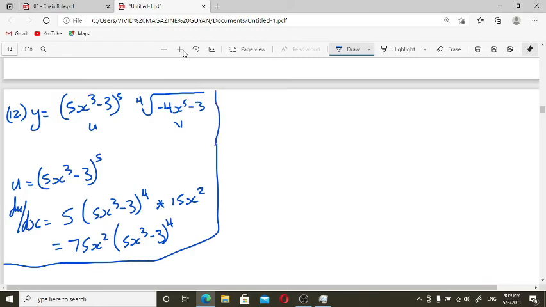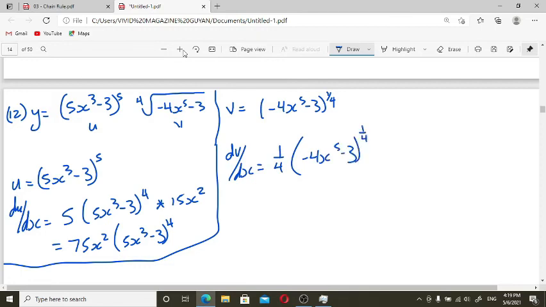For the v family now, this is equal to, I'm going to write it out properly, minus 4x to the 5th minus 3 raised to a quarter. So dv dx is equal to a quarter of minus 4x to the 5th minus 3 to the power of a quarter minus 1 times minus 20x to the 4th. 4 1s 4, 4 5s 20.